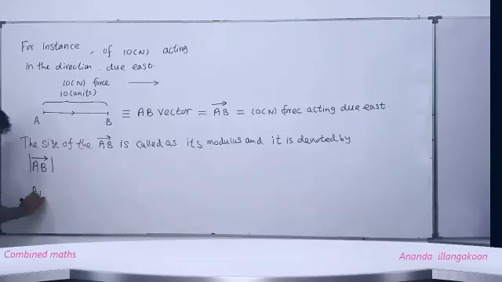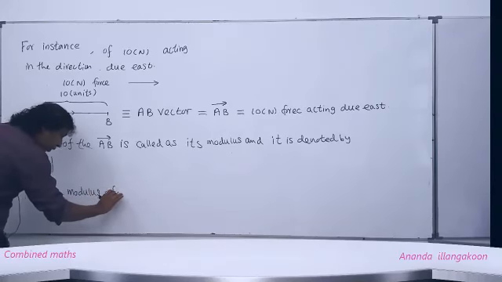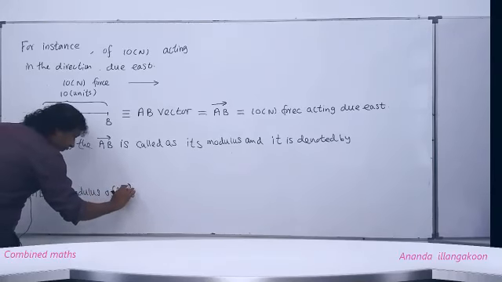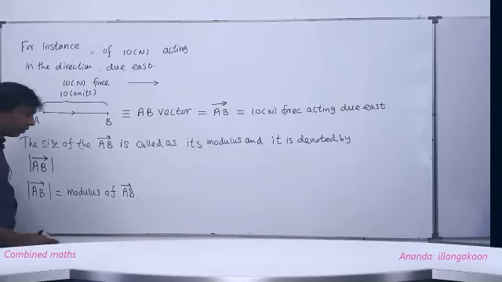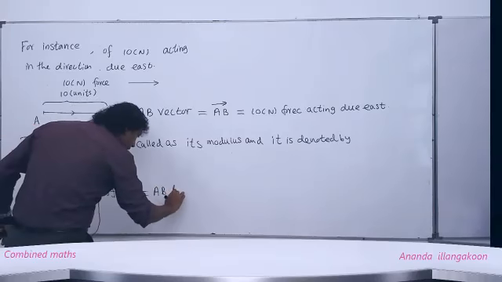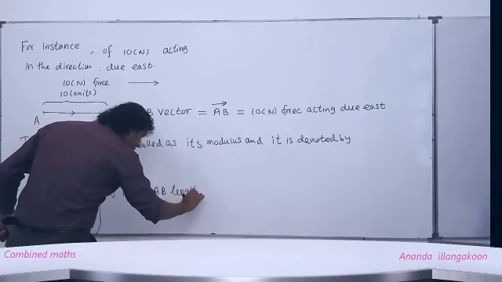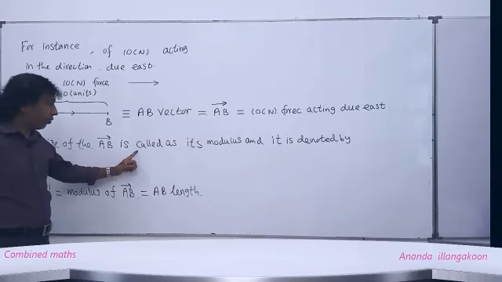How to read this? Modulus of AB vector. It is equal to what? AB length. The size of the vector is called its modulus.